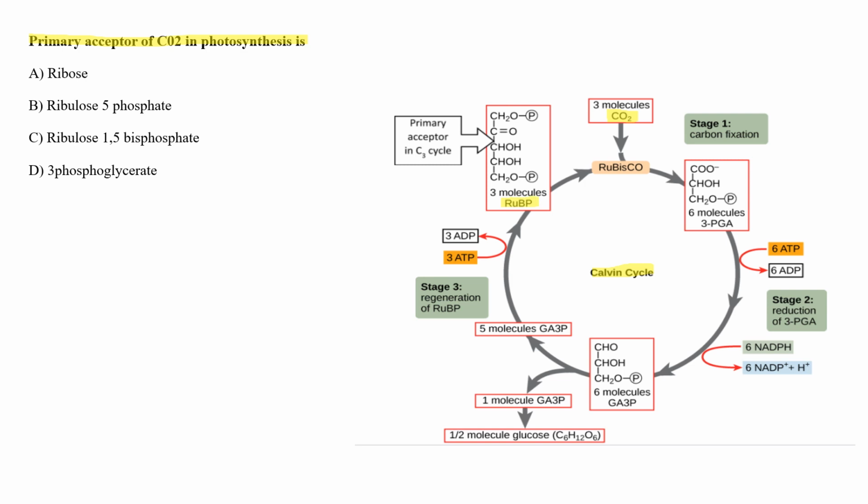So acceptor is RuBP, that is ribulose 1,5-bisphosphate. And then further the steps, that is carbon fixation, reduction of the 3-PGA formed, and the regeneration of RuBP take place. These are the 3 steps of Calvin cycle. Okay, so they have asked about the primary acceptor of CO2, that is ribulose 1,5-bisphosphate, option number C.